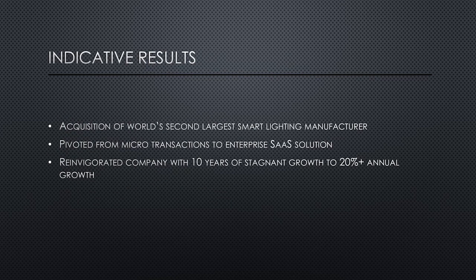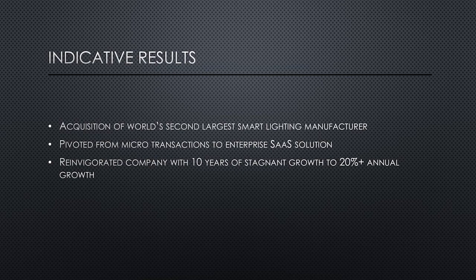To give you a sense of my recent results, in my last few roles, I have aligned product to the market at a young technology company, resulting in enough investment to buy the world's second largest smart lighting manufacturer within 3 years of me arriving. I pivoted a company from micro-scale transactions to multi-million-dollar enterprise SaaS deals sold to the Fortune 1000 while increasing annual revenue and profit.